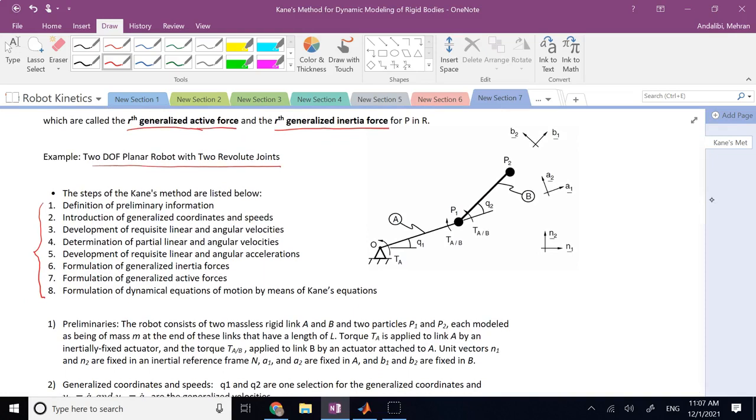Before we can do that, step number 1 of the method says define the preliminary information. What does that mean? If this is my 2 degree of freedom planar arm, now in this case there is a little bit of difference with the 2 degree of freedom planar arm that I had previously. In this case, I assume that each member here has all of its mass concentrated at the end.